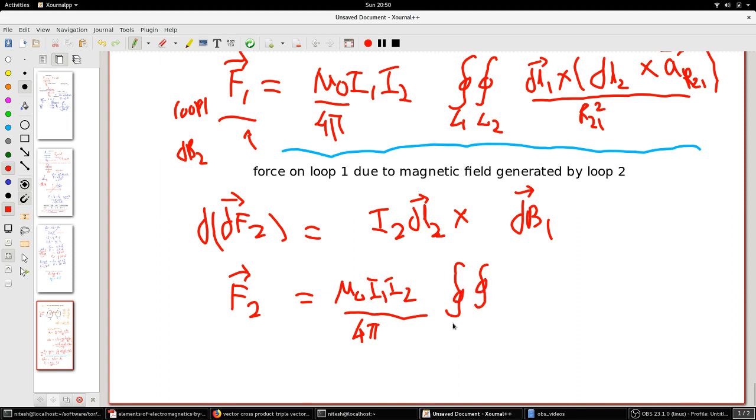This will be over L1, loop 1 and loop 2, the closed loops L1, L2.